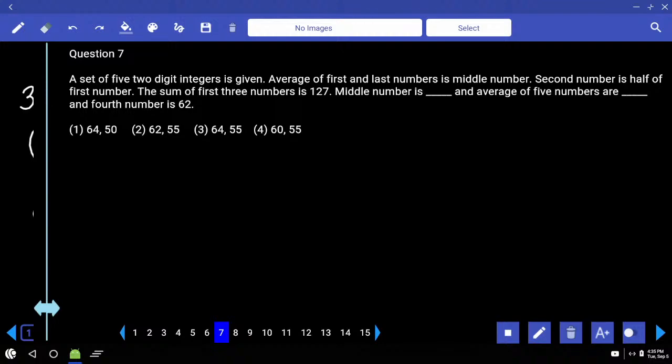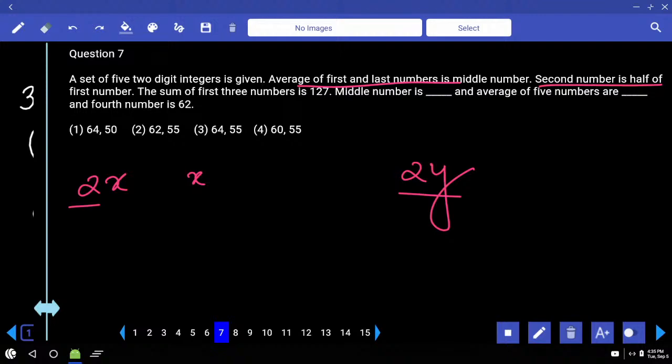If you observe the set of 5 2-digit numbers, let us consider the first number is 2x and the second number is half of this, that is x. Let us consider the last number is 2y, such that the average of these two will be the middle number.